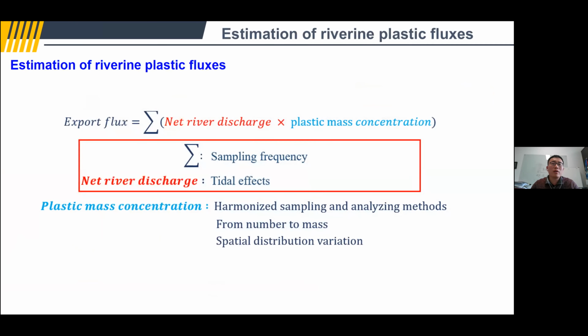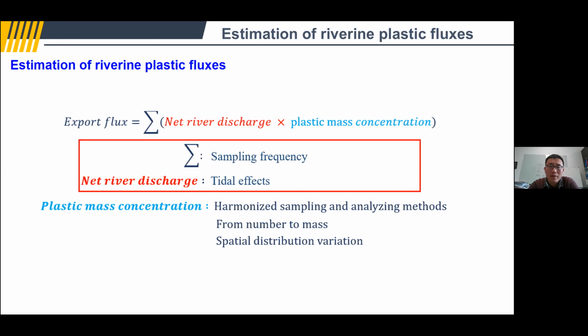So this is the general idea to calculate the export fluxes of plastic and microplastics: basically, the net river discharge multiplied by the plastic mass concentration. So any parameters affecting these two parameters would affect the final export flux.